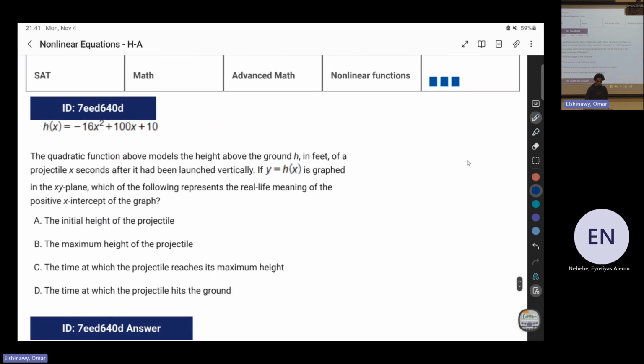Now, would you like to try this problem? It's not a tricky problem. It's graphed, right?